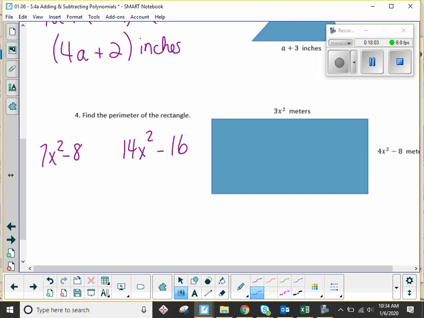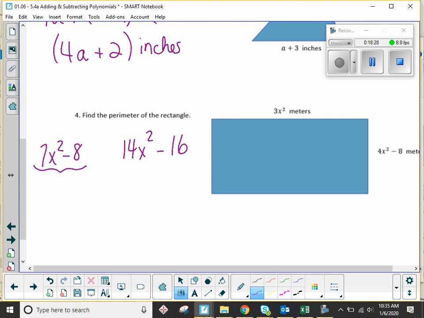Which one did you get? I got the second one. Second one? The correct one? Did anybody get the first one? 14x minus. That's interesting. I don't think that's correct, but it's close. So this one's wrong, but what mistake did I make? Oh, you only added 2 sides.